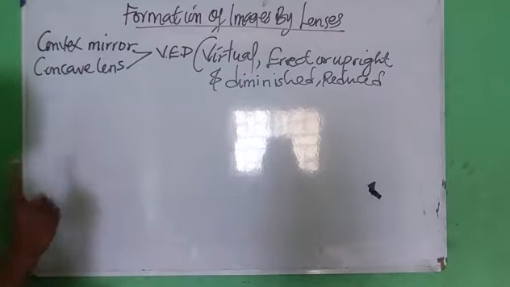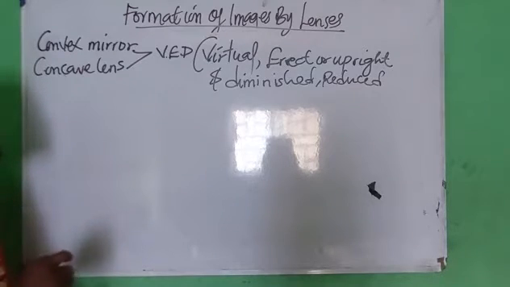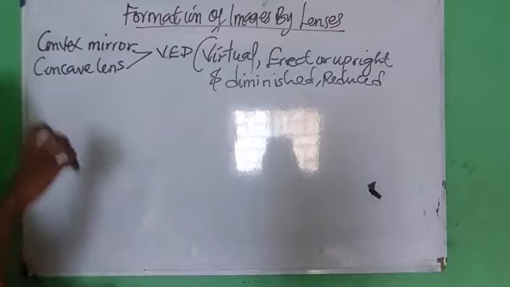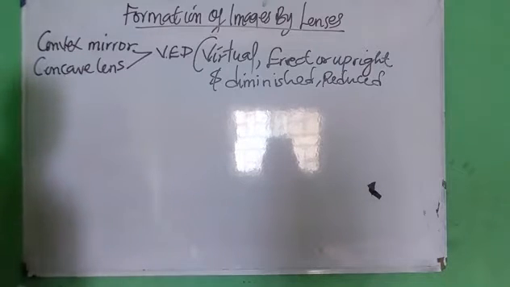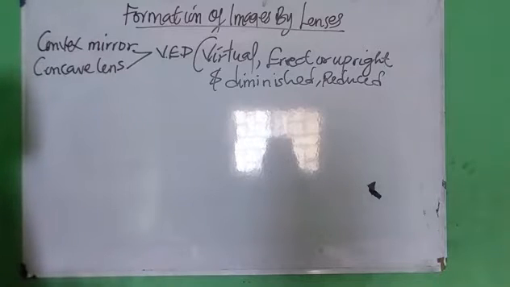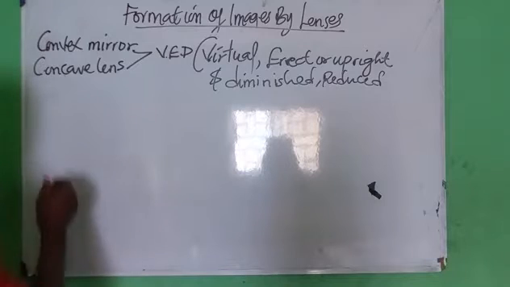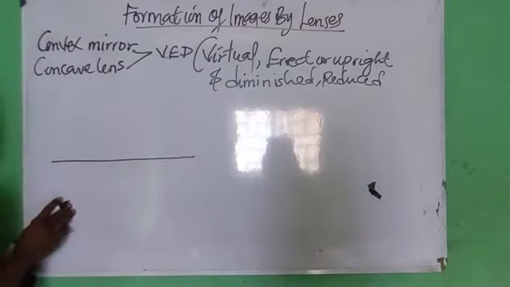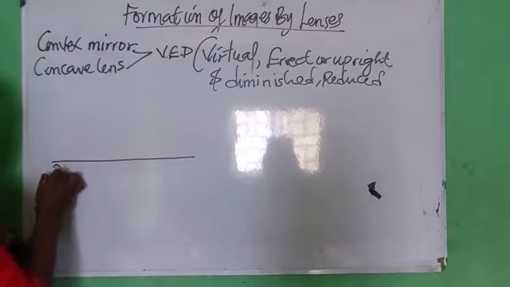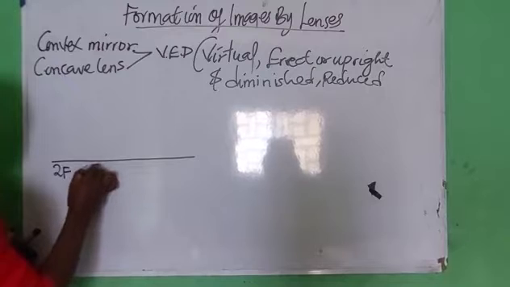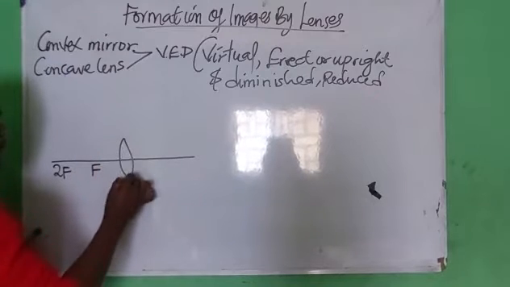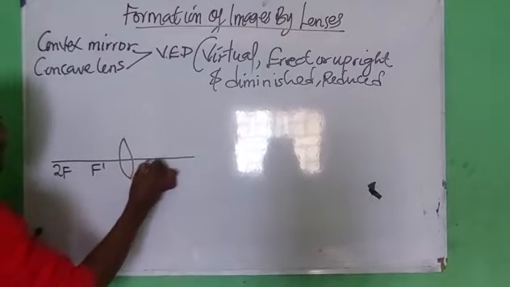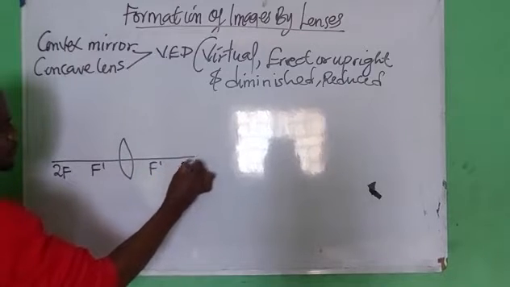In a convex lens, the images are formed based on the position of what? The object. Alright, and in concave mirror, the images are formed based on the position of what? The object. Take for example now, if I have a plane and I have 2f here and I have f, around this region I have my lens, f1 and what? 2f.